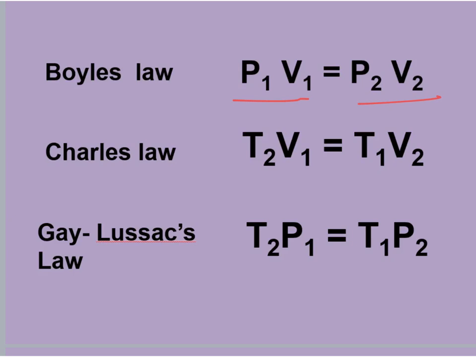But in both Charles' law and Gay-Lussac's law, with the direct proportion, we see that alternative of numbers here. And so we have the second temperature times the first volume in Charles' law, and in Gay-Lussac's law, it's the second temperature times the first pressure.